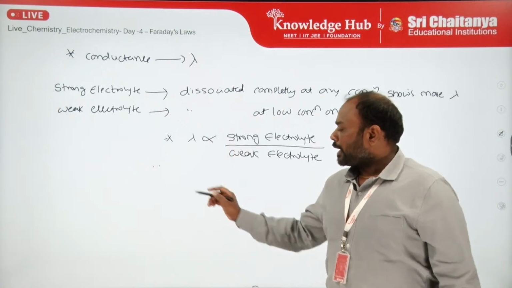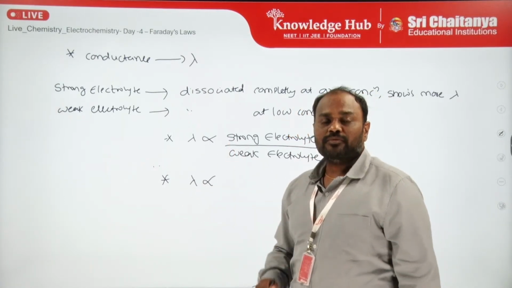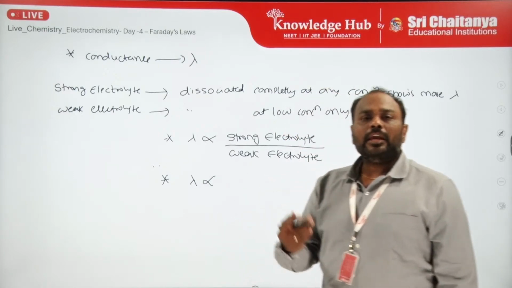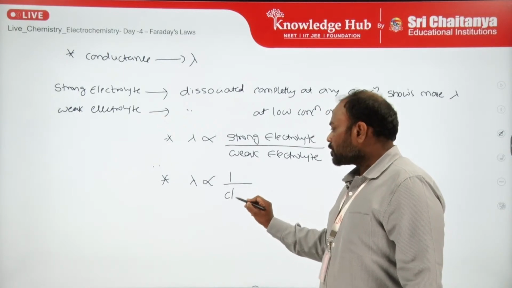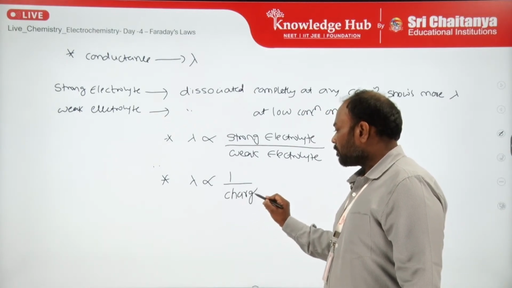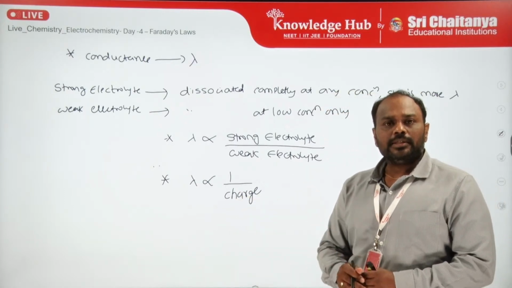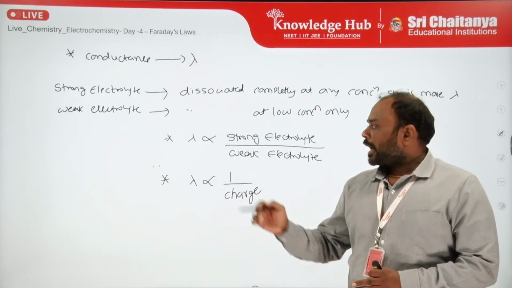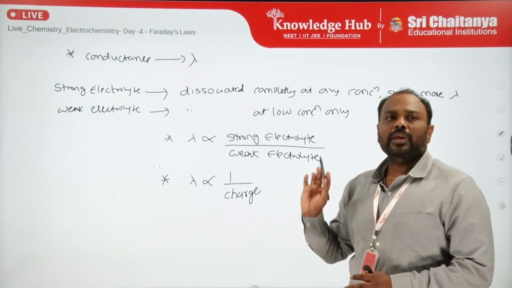If charge increases, equivalent conductance decreases, so it is inversely proportional to the charge. Charge is less, conductivity is more. And lambda value is more for strong electrolytes, less for weak electrolytes.